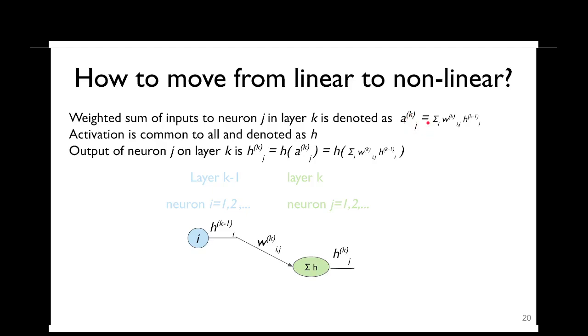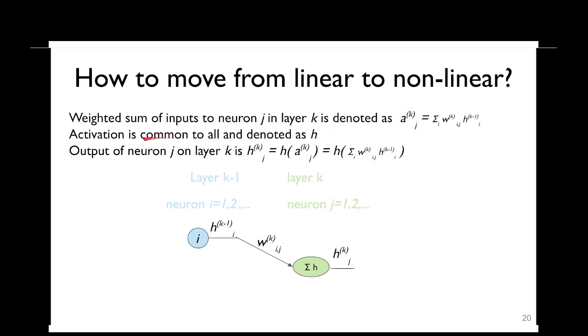And that essentially corresponds to the sum over all i with the weights of layer k connecting neuron i to neuron j times the h from k-1 for the neuron i. So this part here is the output that we're receiving from neuron i in the previous layer. We're multiplying that with the correct weight and summing that up over all of the neurons in layer k-1 gives us this value a^k_j.